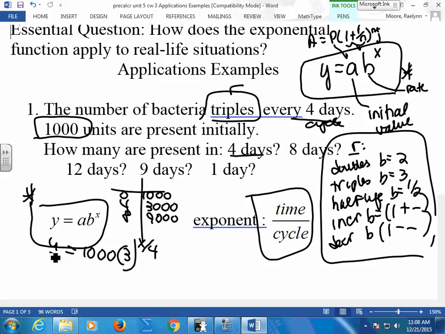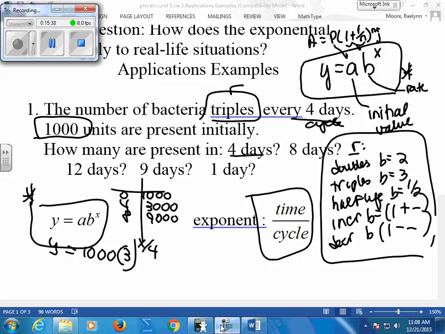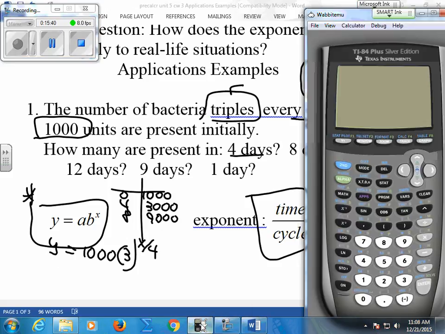Now, an easy way to do this is put this in your y equals. You can put each one in your calculator, and you can do it that way, or you can go to your y equals, and you can put it in here and look in your graph. Okay, so let's put this in your y equals. We have 1,000 units.